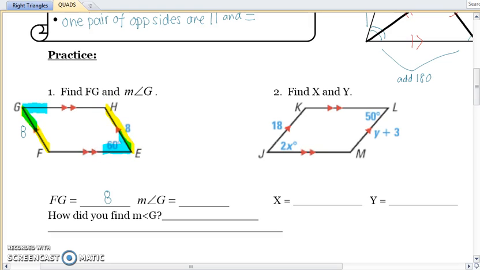Angle G is congruent to angle E of 60 degrees. So the measure of angle G is 60 degrees. We found the measure of angle G by looking for the opposite angle measure.